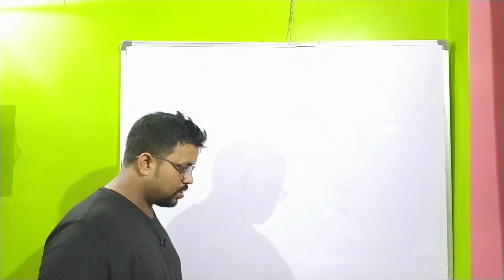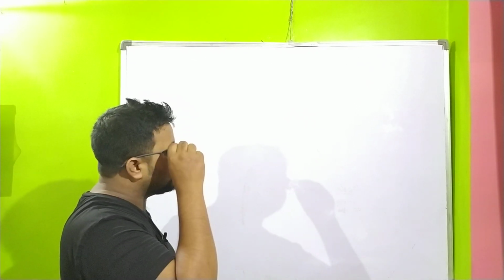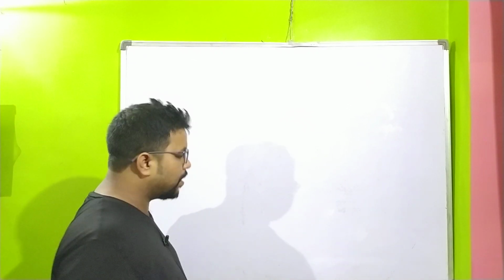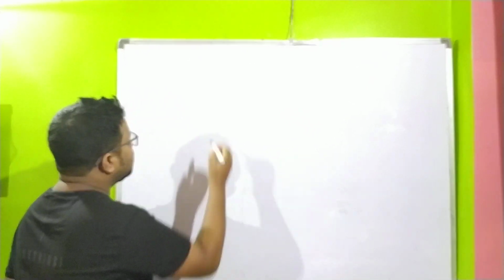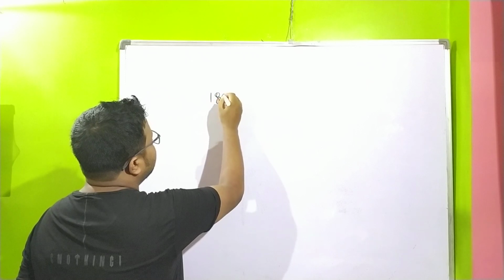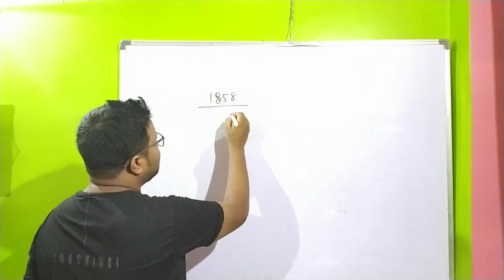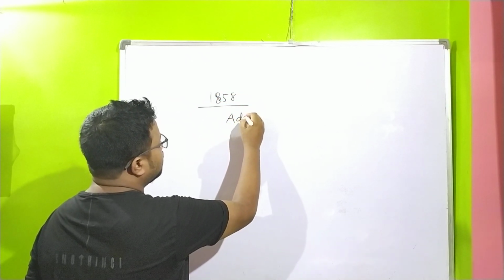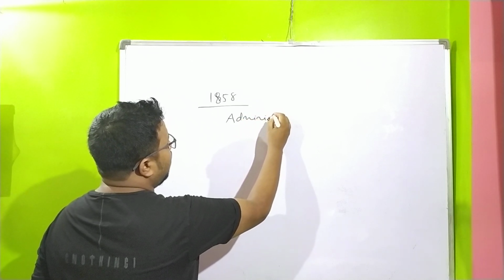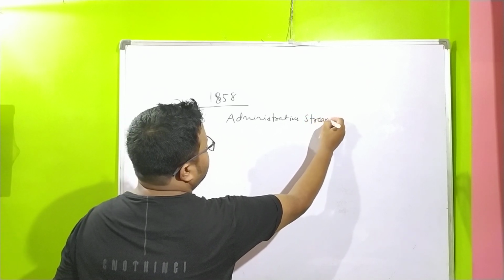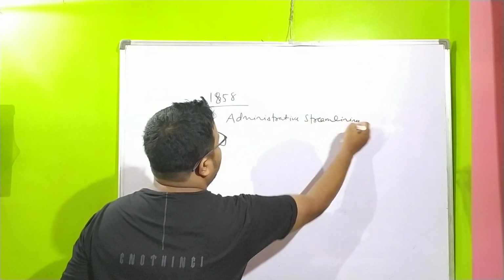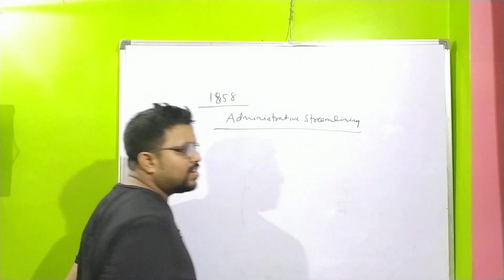Now, slowly and steadily, the British had realized the importance of the inclusion of Indians. Before that, I would like to say that the Government of India Act of 1858 was just administrative streamlining, and it was not applied in the field.